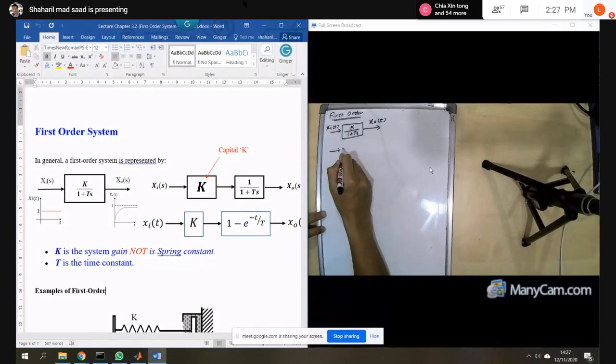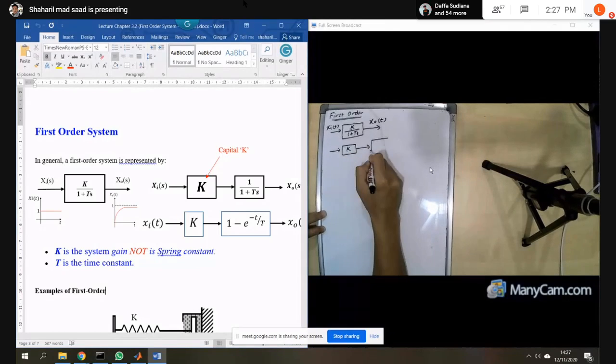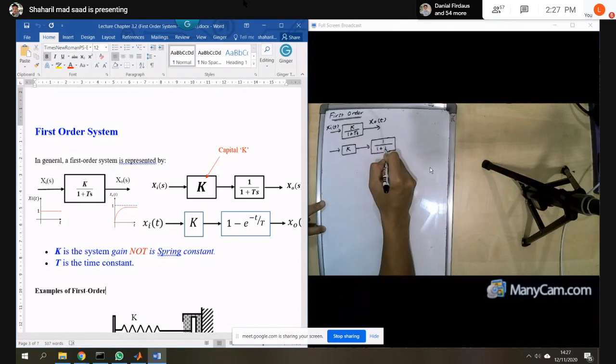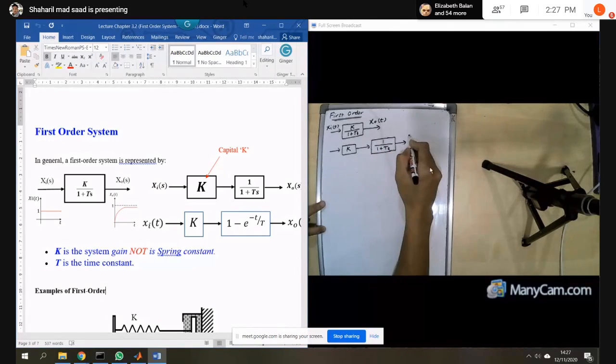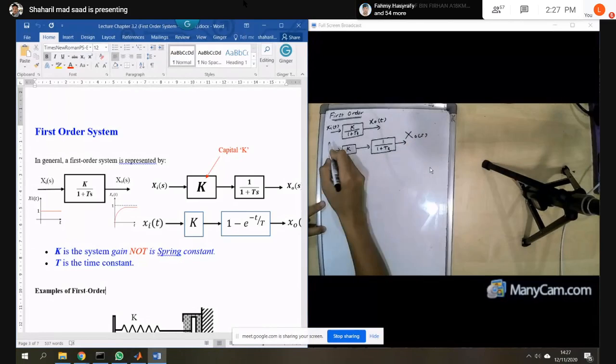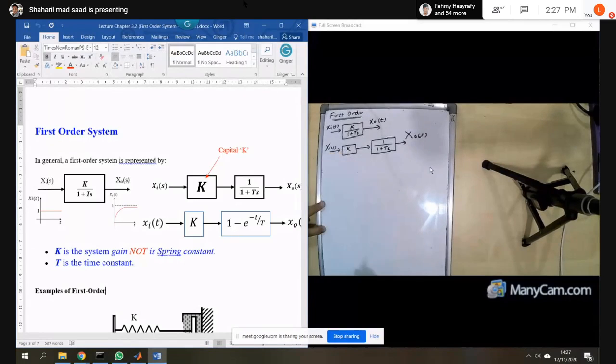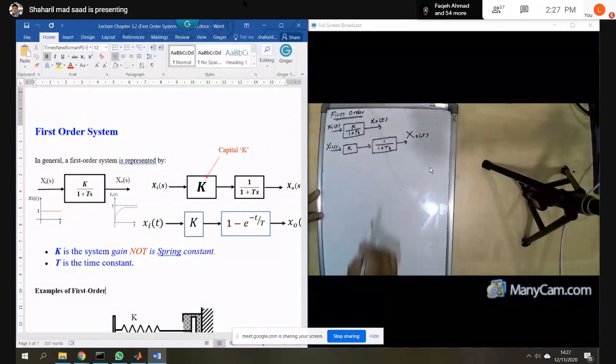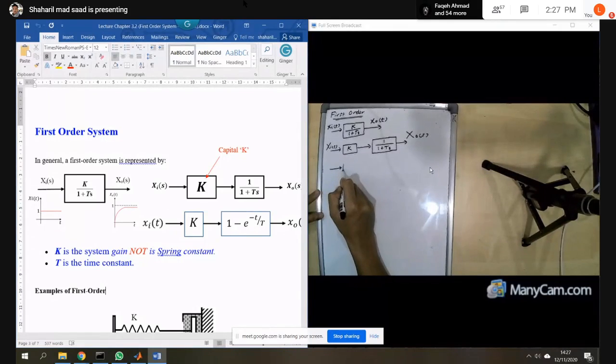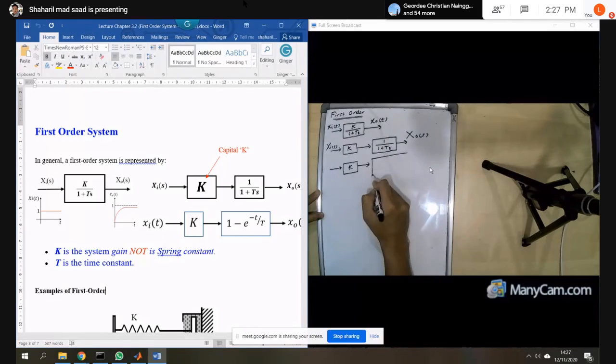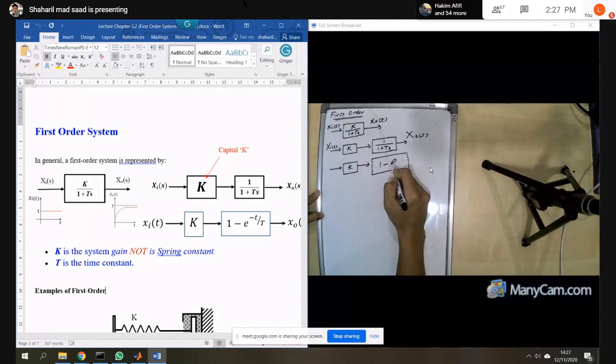You can also write it like this to make it clear for you. This is the K, and then this one is 1 over 1 plus Ds. This one is X_o and this one is X_i, in capital because of the Laplace. When you invert this back, you can get it in terms of the time domain.